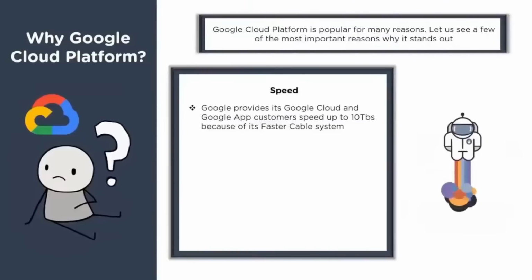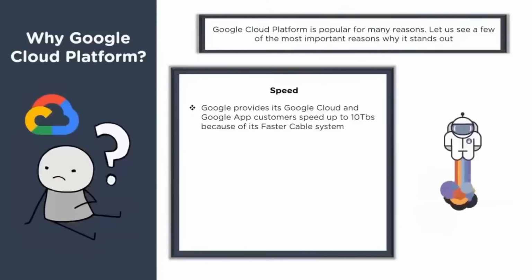Now, when we talk about speed, we don't need to really challenge this aspect when it comes to Google services. Google provides its Google Cloud and Google App customers speed up to 10 terabytes because of its faster cable system. There are different kinds of machines which can be used if you're talking about computation, memory hungry applications, or even storage intensive workloads.